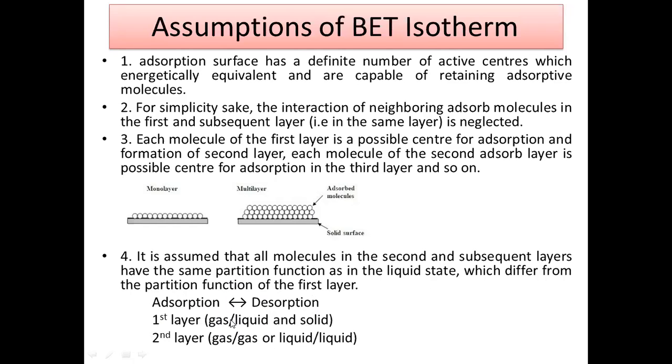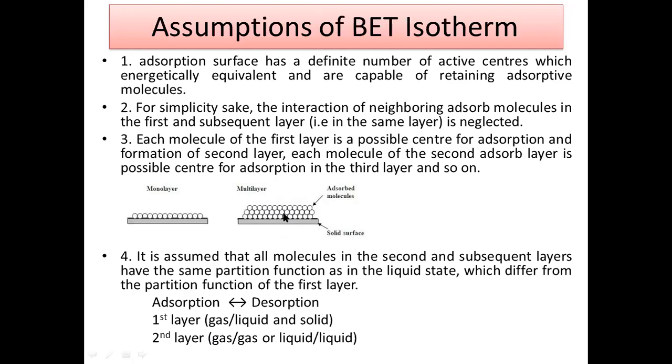Because in the first layer the adsorbate may be a gas or a liquid, and the adsorbent would be a solid. So the gas is going to adsorb on the solid, or the liquid is going to adsorb on the solid, as indicated over here. This is the solid, and this first layer is the adsorption on the solid surface, but it is different from the second layer. How is it going to be different?